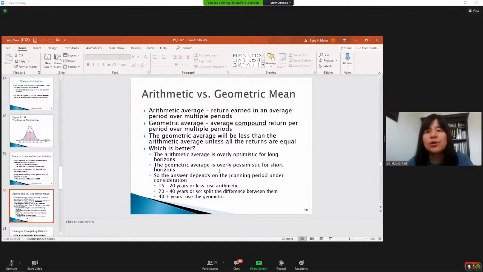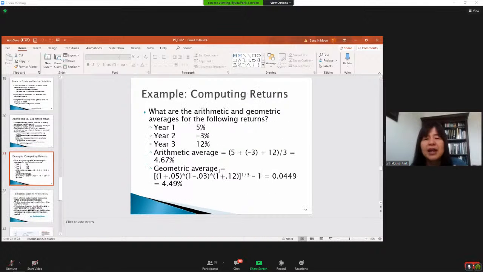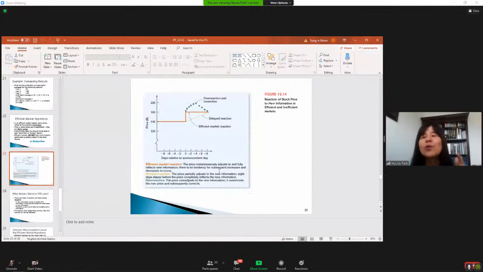Also, there are several ways to calculate average return. There are arithmetic average returns and geometric average returns. We are going to discuss it on Monday. And we will also discuss the efficient market hypothesis. It is a very, very important concept, especially for those who are going to take an investment class.